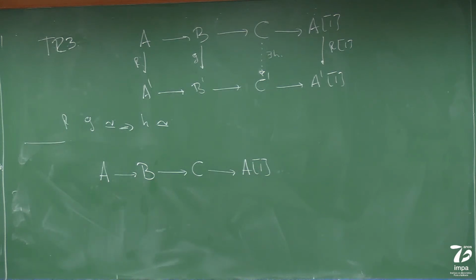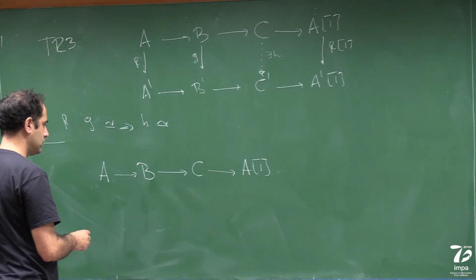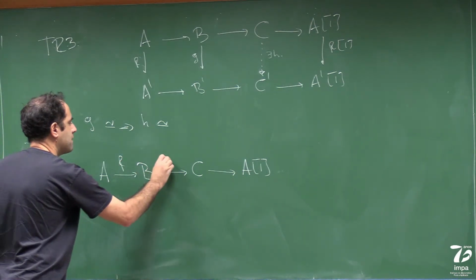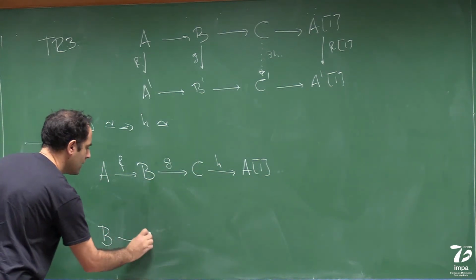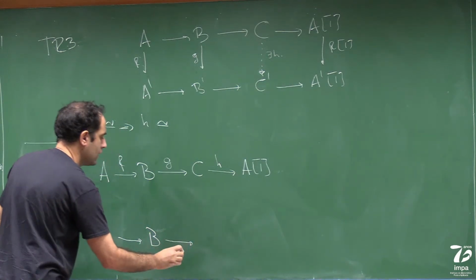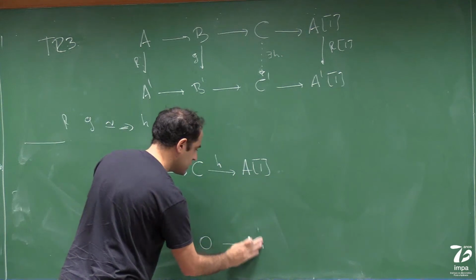All right, so let's put names, F, G, and H, and let's look at this distinguished triangle, B to B to 0, to B shifted by 1.